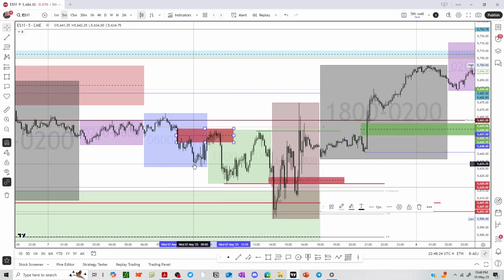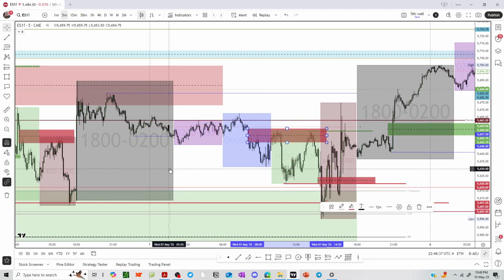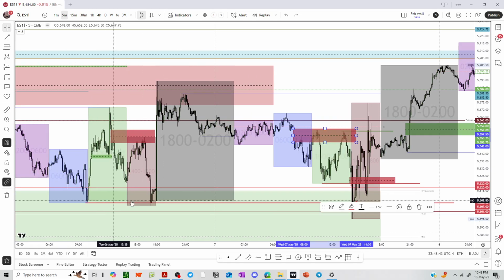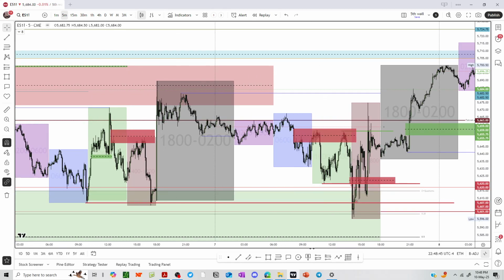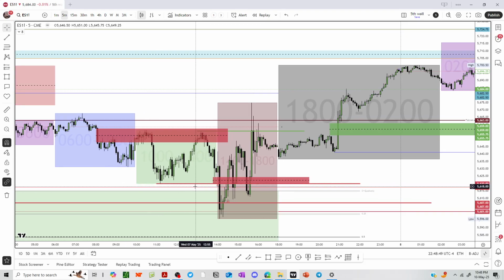For the short, targeting previous 4-hour candle low here. Then you got another retracement back into this imbalance, and then targeting all of these relative equal lows. Did I just put this here?